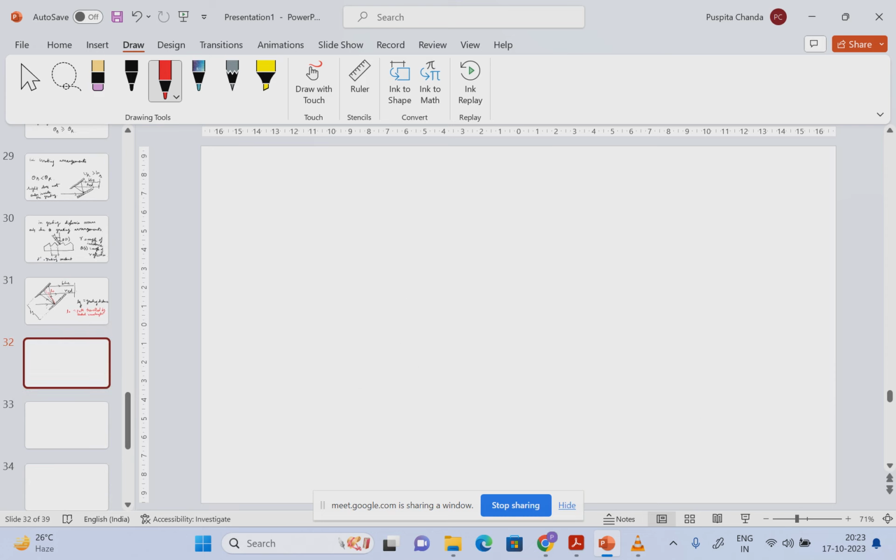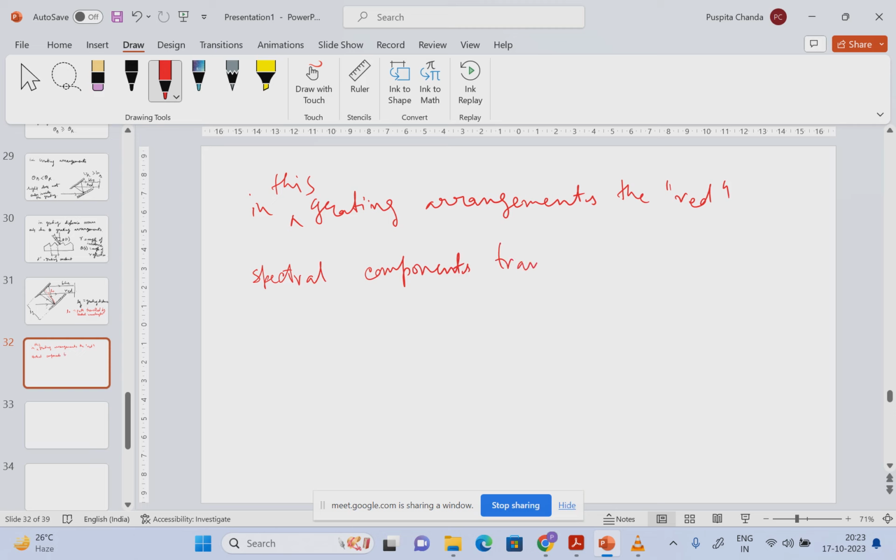So in this grating arrangement, the red spectral components travel a longer optical path compared to the blue spectral component.